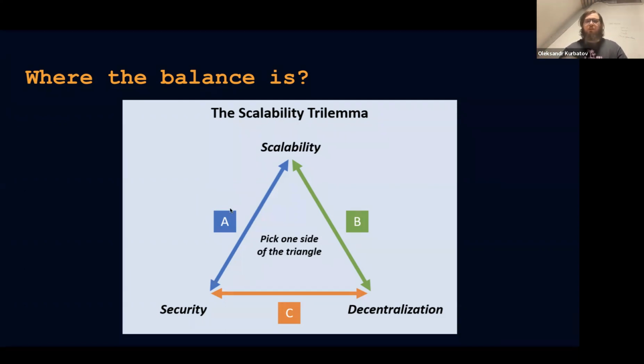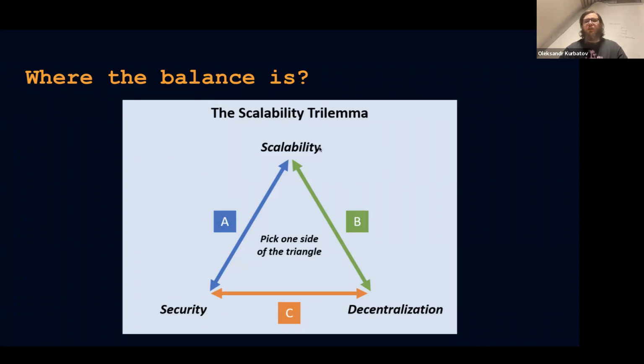In Bitcoin, you have a high level of decentralization and a high level of security, but Bitcoin architecture isn't scalable. Yeah, we can use the Lightning Network and different protocols, but Bitcoin itself isn't scalable at all. We can't increase the transactions per second from 5 to, I don't know, 10, 20, and so on.